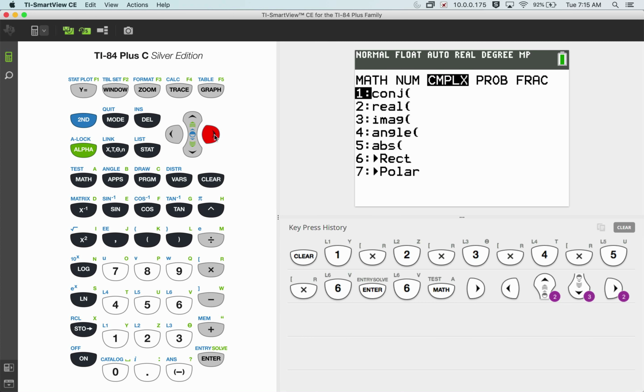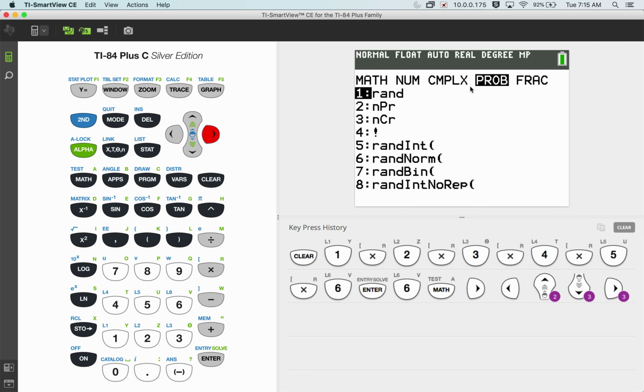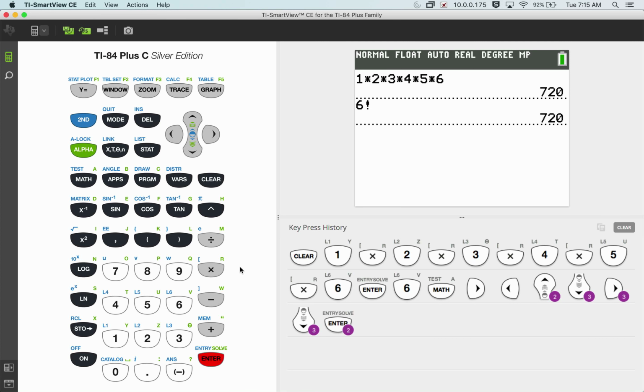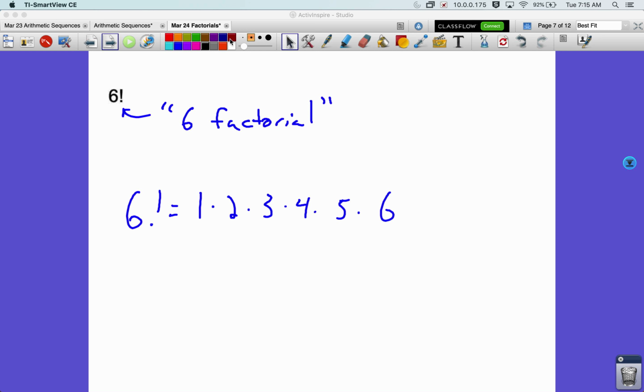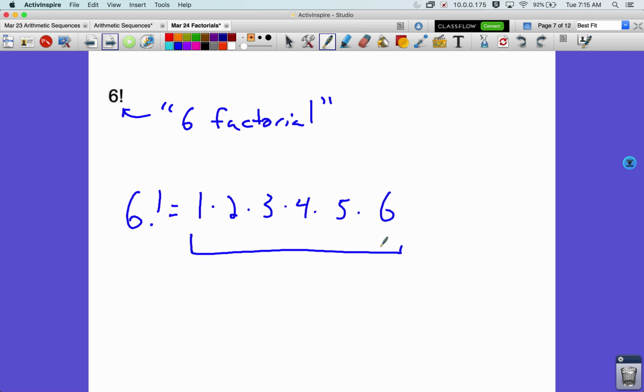Maybe it's under number. Oh, it's under prob. There it is, number 4. Even though I forgot, we were able to search and find it. 720, same answer. So let's add that back to our notes here. 6 factorial equals 720.